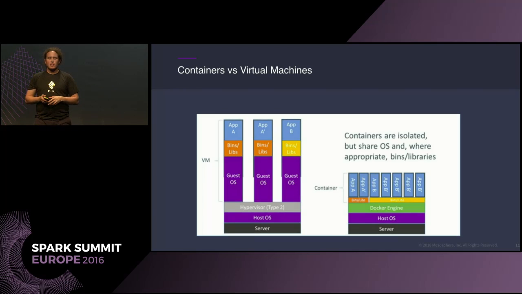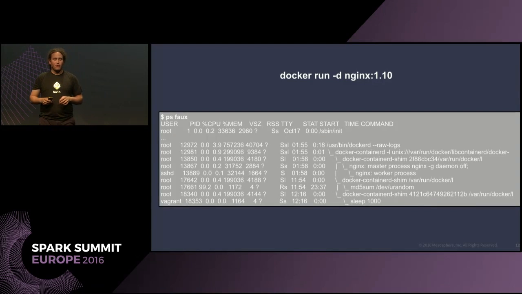On the other hand, containers share the same operating system, and they are just different apps packaged together with their dependencies, allowing them to run anywhere. And in my opinion, this is the use case for containers: packaging your application plus its dependencies.